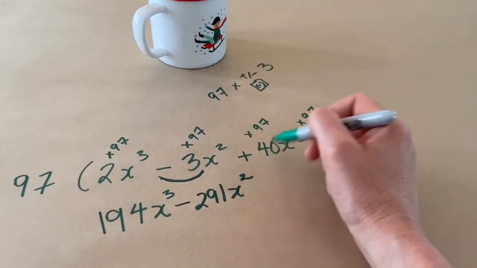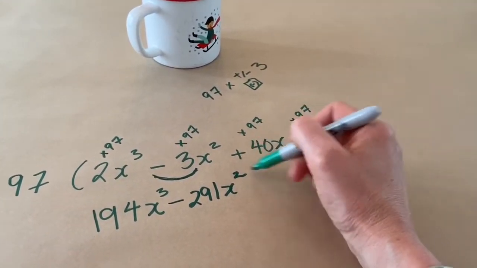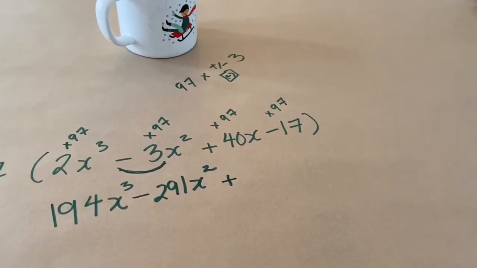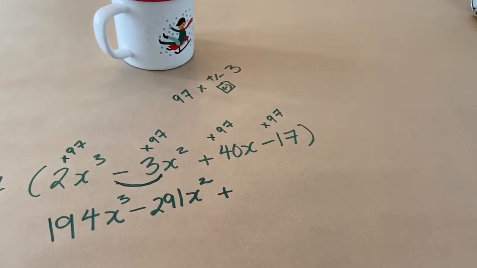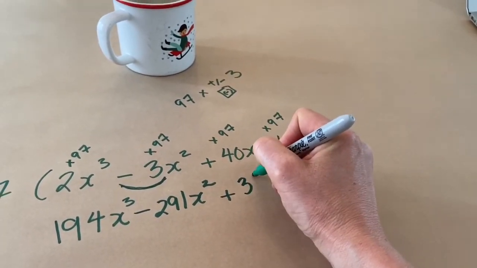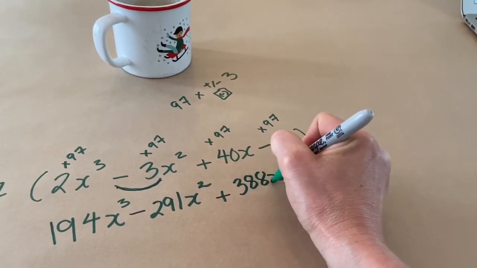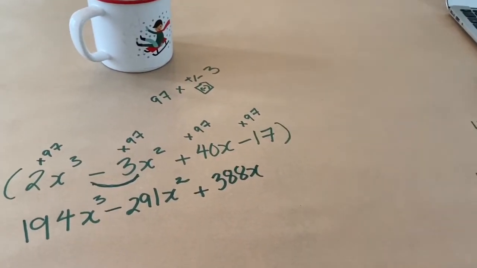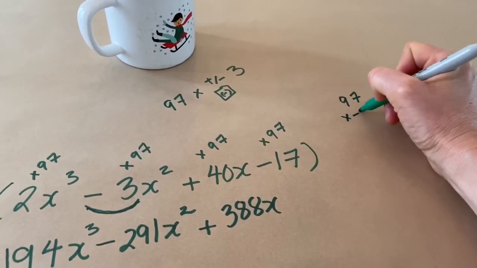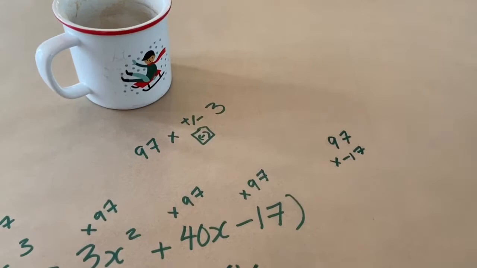Okay, and then I want to multiply 97 times 40. So 97 times 40 is going to give me 3880x. And this, I cannot do in my head. I need a calculator. 97 times negative 17. Pull up my computer.